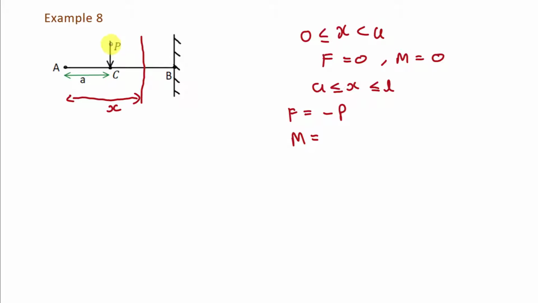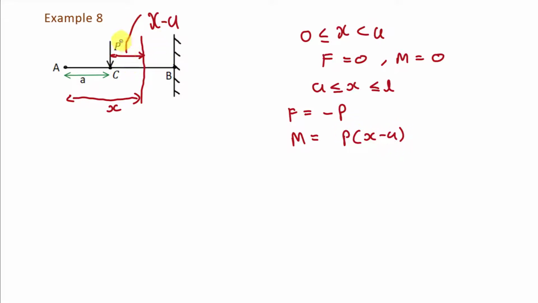It will be this load P into the distance between this load and this section. This whole distance is x and this distance is a. So this distance will be x minus a, right? So here we can write that moment M is equal to P into (x minus a).